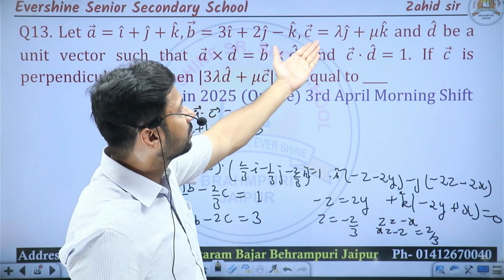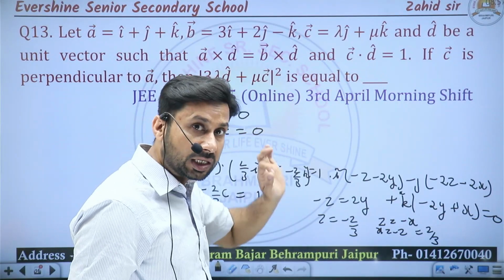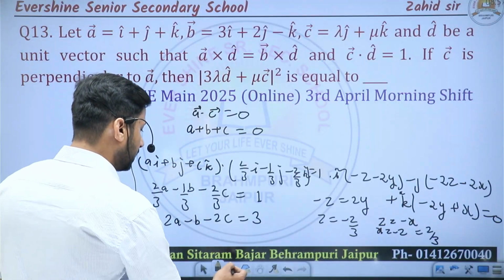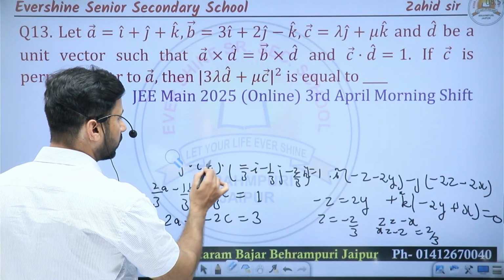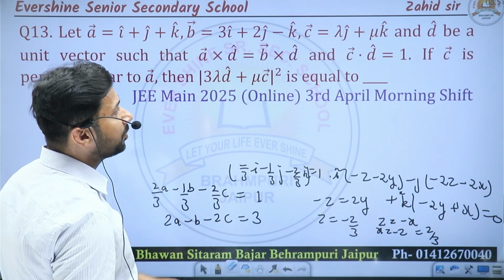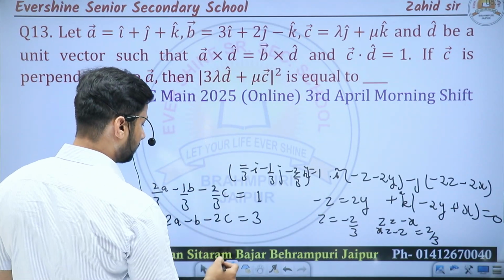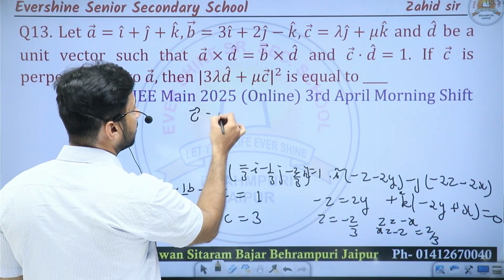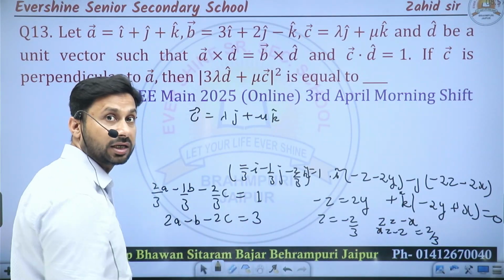Vector c is given in terms of lambda and mu, so there is another method to solve it. Now vector c is lambda j cap plus mu k cap. This is another way.